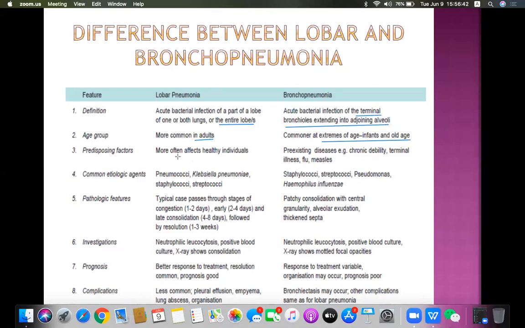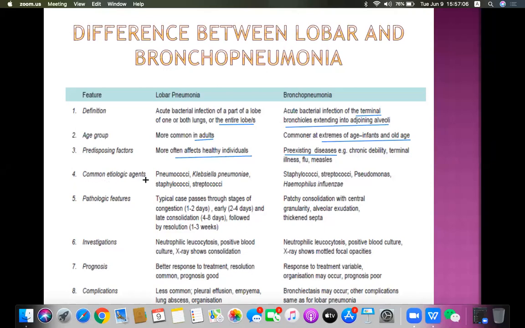Predisposing factor, lobar pneumonia is mainly community acquired, so it more often affects healthy individuals, whereas bronchopneumonia mainly occurs in individuals who are already ill, who already have a pre-existing disease condition. This is important.